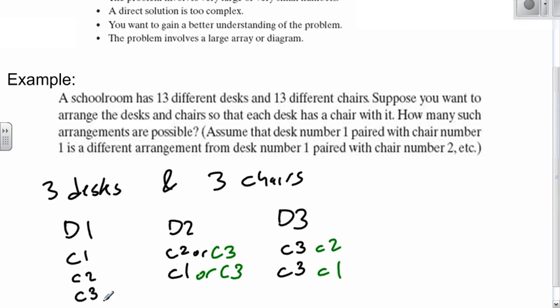Or if we gave chair 3 to desk 1, we could then give chair 1 to the second desk and chair 2 to the third desk, or we could flip those and give chair 2 and chair 1.